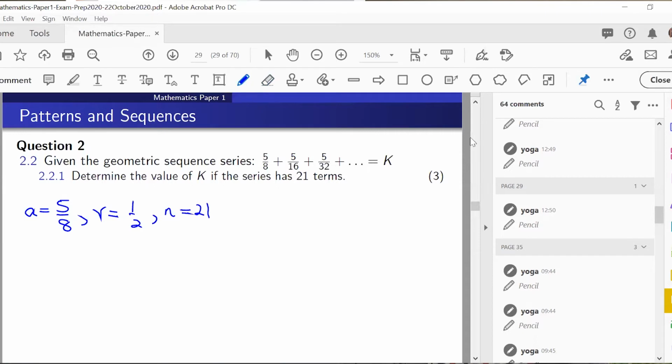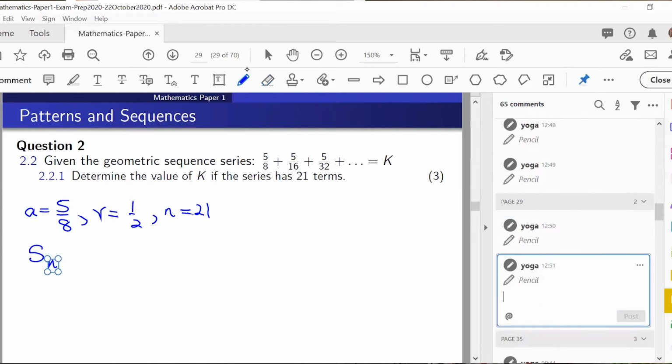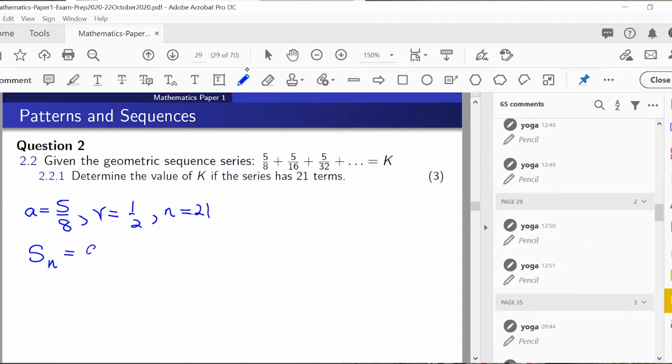Now the formula, which is the sum to 21 terms. I think I need to write down the general formula first so that we know exactly what we are dealing with. Sn is equal to A into 1 minus r to the power n, divided by 1 minus r.